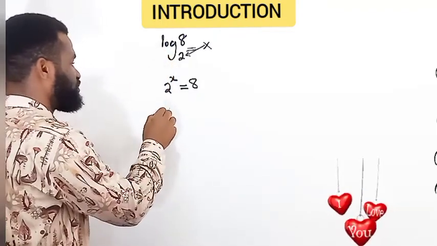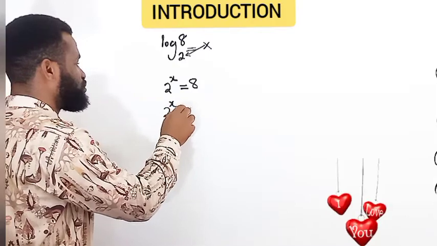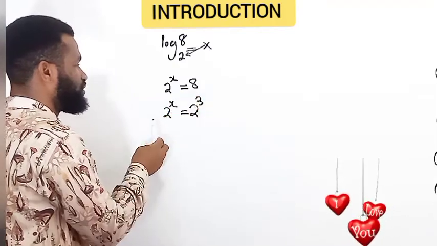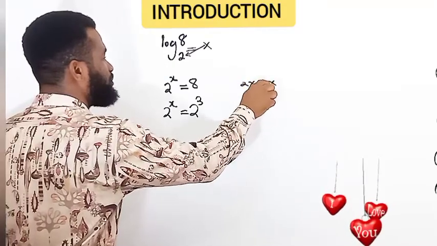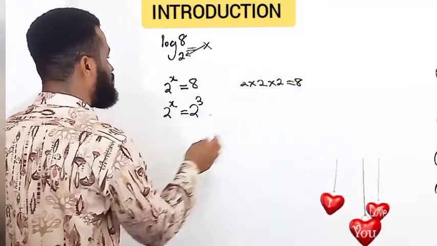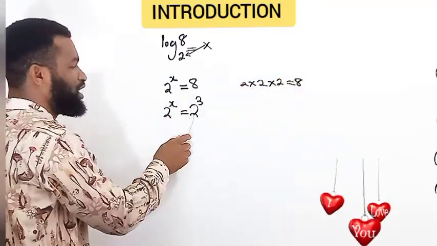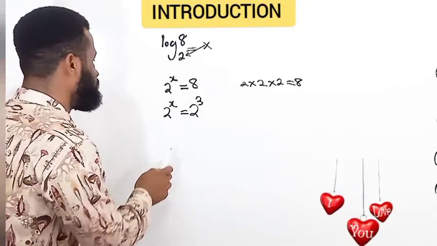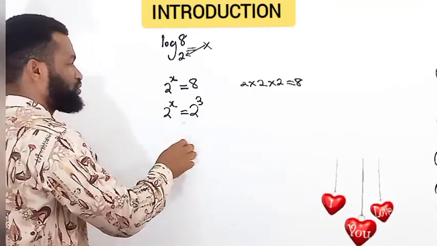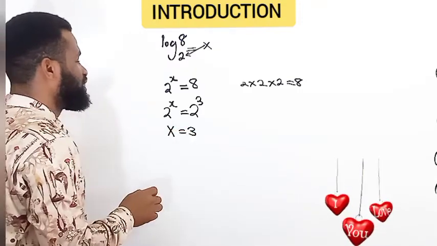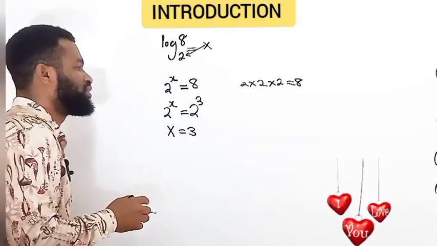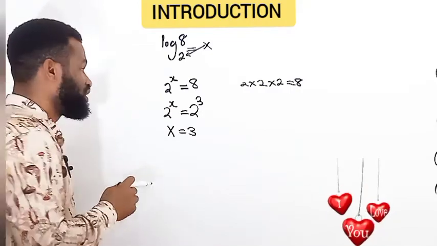Then in this case, you say 2 raised to power x is equal to 2 raised to power 3. You realize that 2 times 2 times 2 is going to be 8. So I'm expressing 8 as a base of 2. So if you compare the equation of the two sides, you say that x is equal to 3. There is something people usually do here, which I don't really understand.